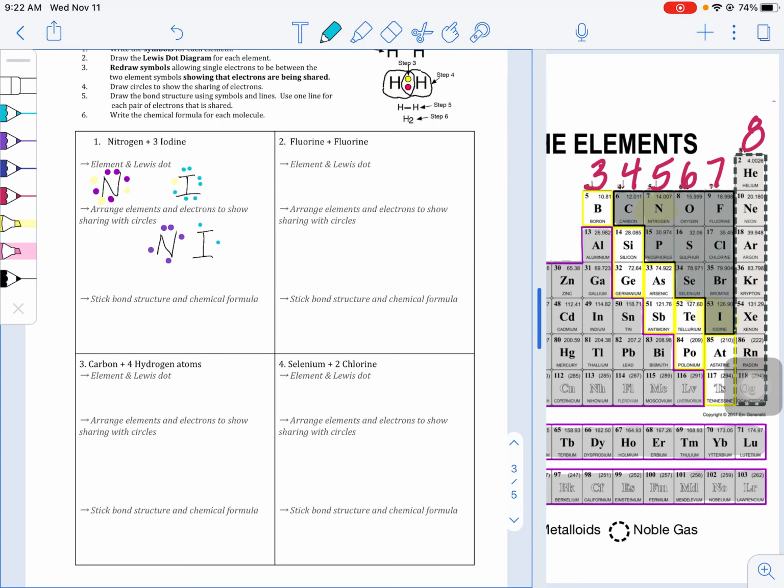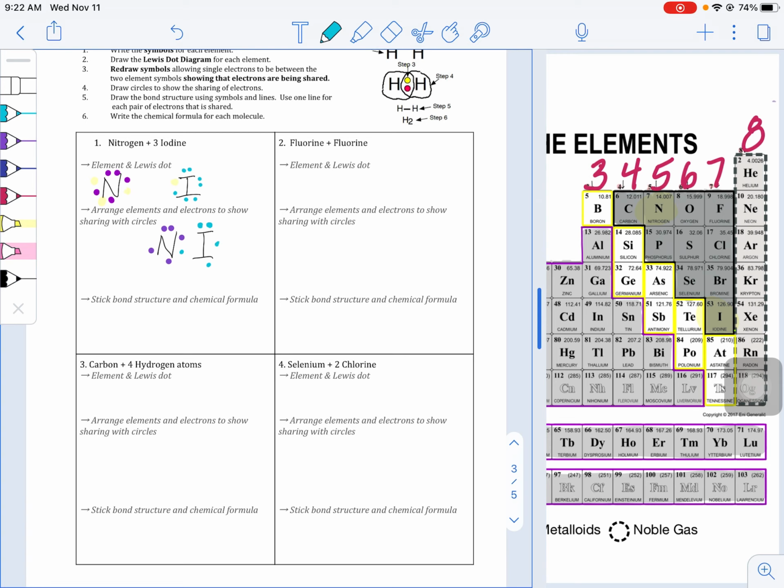I've got 1, 2, 3, 4, right? So those are paired up now. 5, 6, 7. So I can redraw and reshift so that my missing pair matches up in the puzzle piece. And I'm going to do that same thing here with an iodine and the same thing here with an iodine.